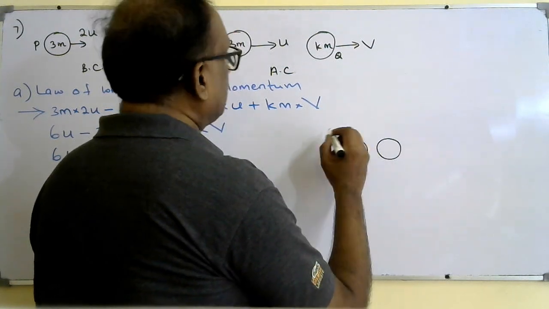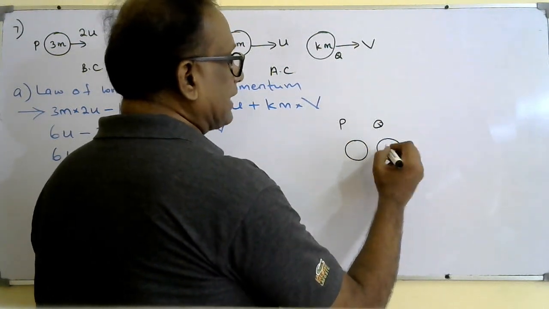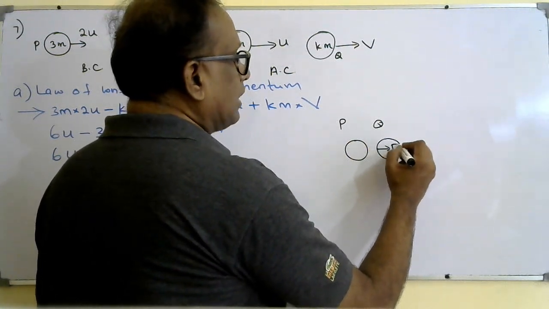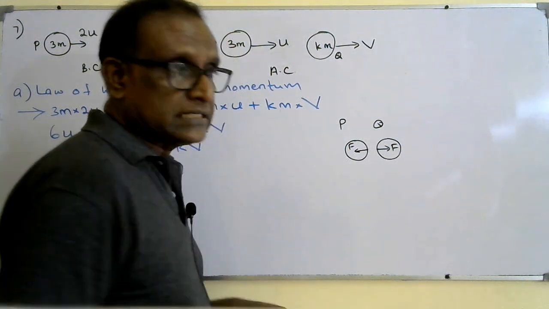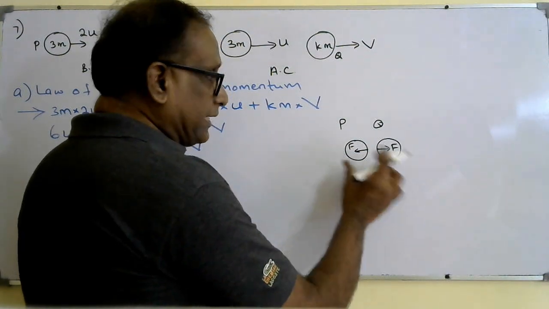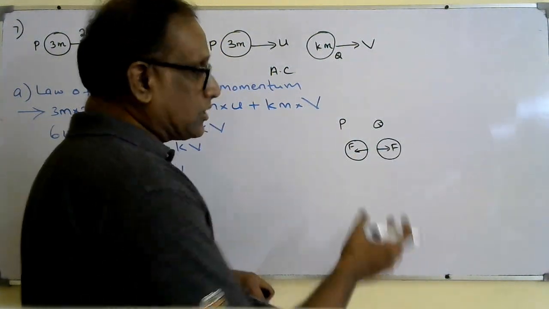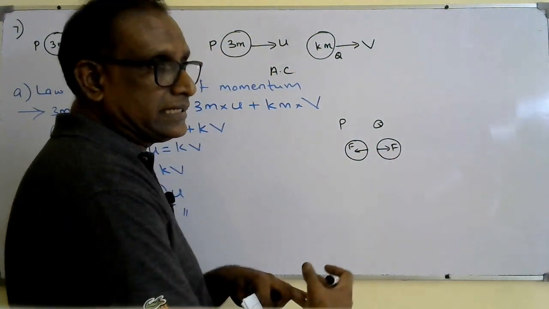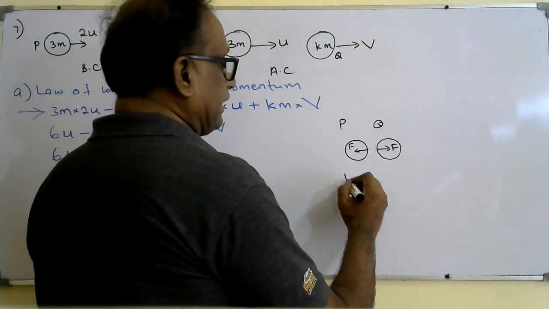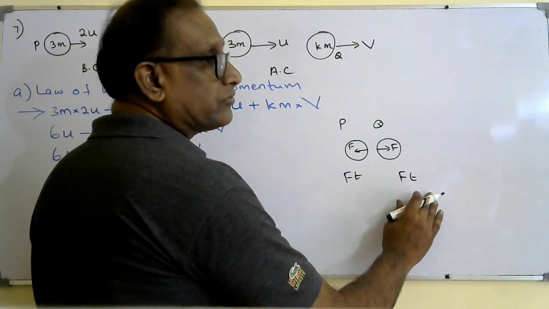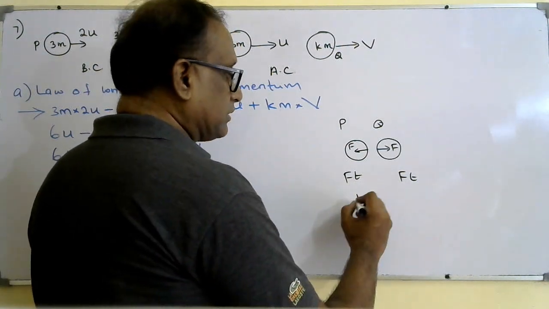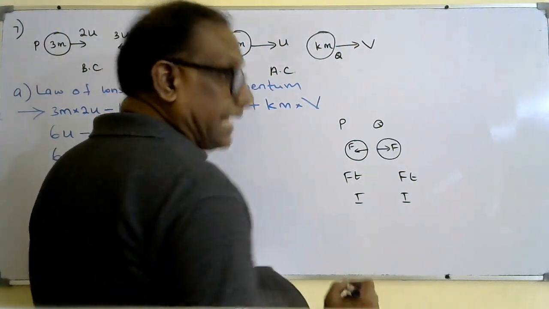Say if P and Q collide, P will exert a force on Q. The same magnitude of force will be exerted on P by Q because of Newton's third law. They will experience this force for the same time because when they collide, both will be in contact for the same time. So Ft equal to Ft. Both will experience the same magnitude of force for the same time. So therefore they will experience the same impulse.